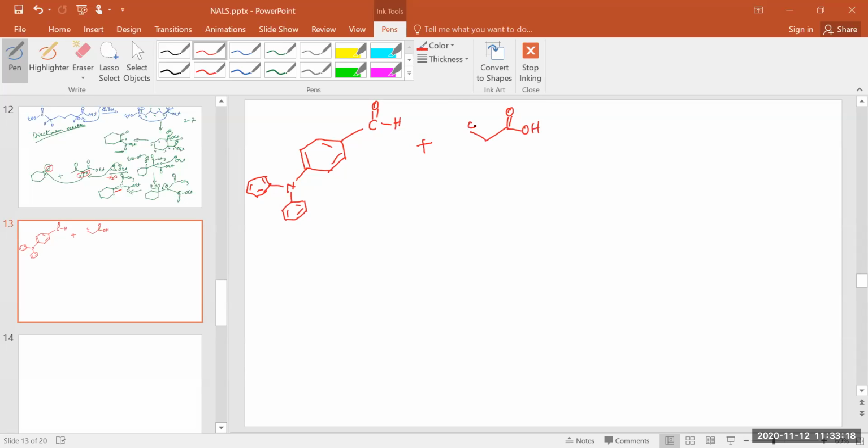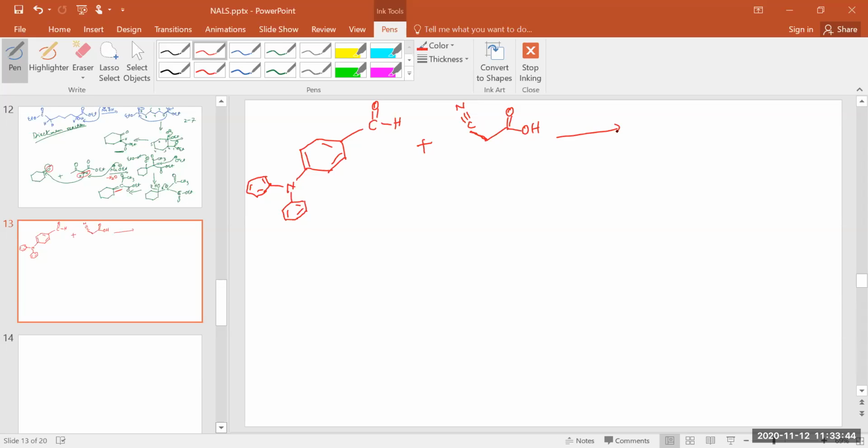This is cyanoacetic acid. What is this molecule? Cyanoacetic acid. In the last lecture, I told you guys that the cyano group can also make a good active methylene compound because of the stabilization of the anion.